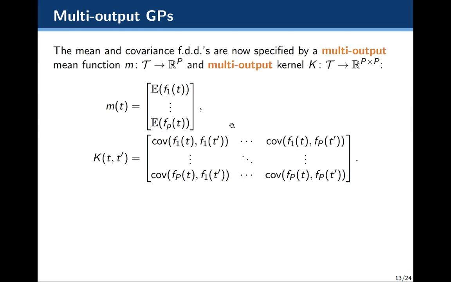So in this case, we again have mean and covariance functions, but now they're specified by multi-output mean and covariance functions. And again, the mean and covariance are specified by such a mean function and kernel. But you'll notice now that we don't only have to consider the covariance of one of these functional values, but now we have to consider the covariance of all of the outputs as well.